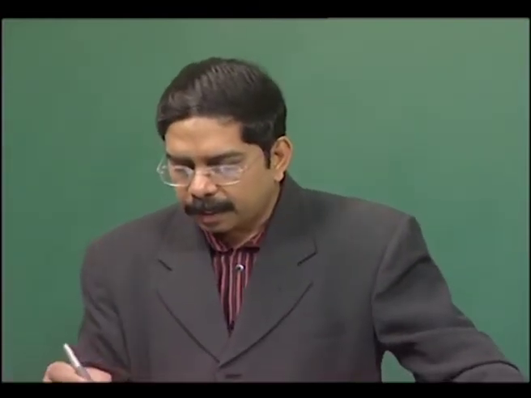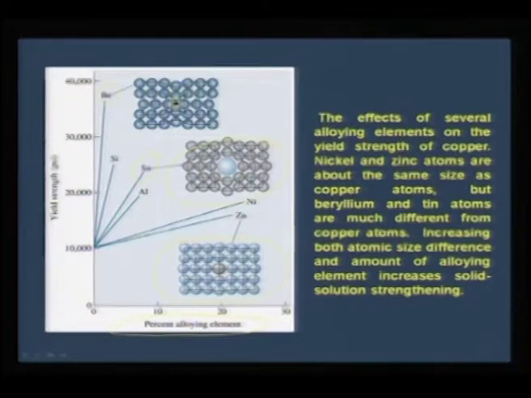For example, even though there is a lattice expansion or lattice contraction, as a function of yield strength of these alloys, the beryllium doped copper system seems to have a very high yield strength compared to tin and compared to zinc. So, even though we have a good solubility limit up to 30% for tin in copper or zinc in copper, based on the nature and size of the metal, you can see the yield strength differing considerably.